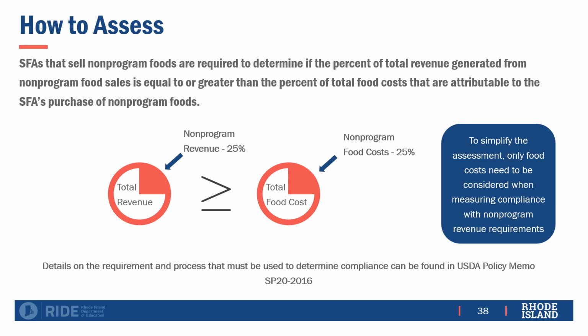Additionally, sales from catering and/or vended meals may be excluded from the SFA's non-program revenue calculations. However, if the SFA chooses to exclude catering and vended meal transactions from the reference period selected to demonstrate compliance, both the cost of food and the associated revenue of these meals must be excluded, and the SFA must be able to provide proper documentation, such as purchase agreements, invoices, etc., and information demonstrating the recovery of the full cost.